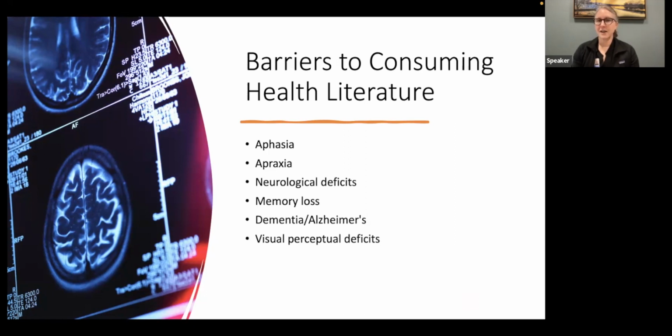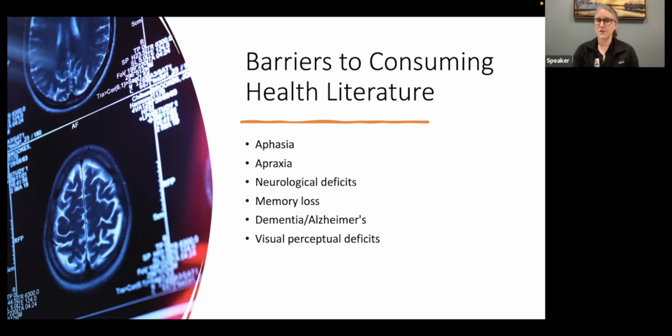Neurological deficits, we do see a bit more regeneration after a stroke when it comes to neurological deficits, unless now it's progressed to something like vascular dementia, which is the dementia that's caused most often by a stroke. Memory loss is progressive, so that is something that we can't make better. Instead, we're looking at compensation strategies. And the same with dementia and Alzheimer's.